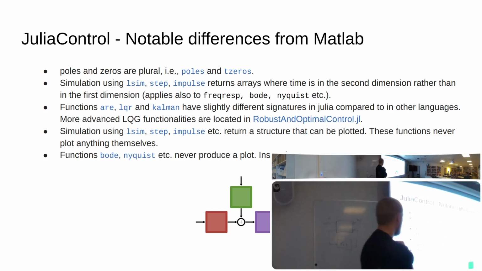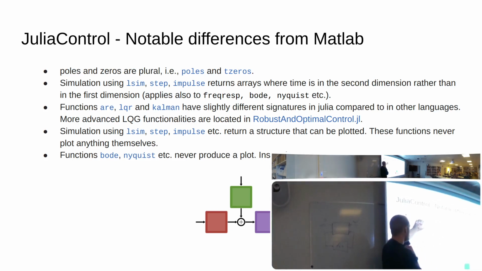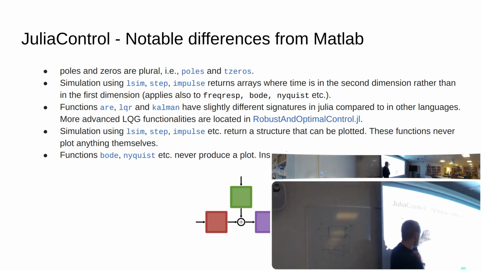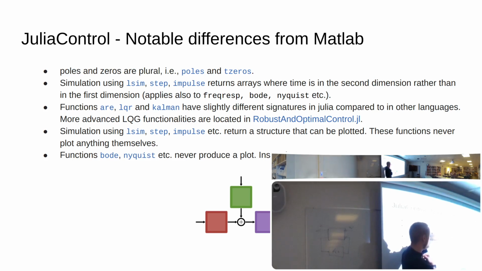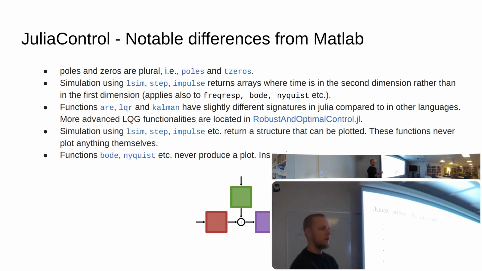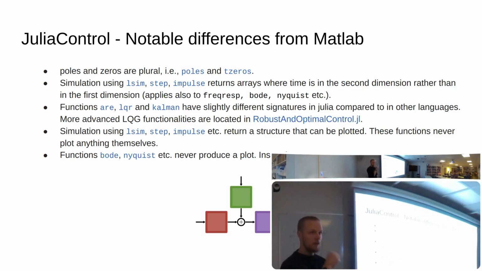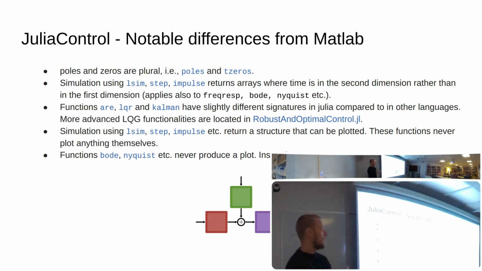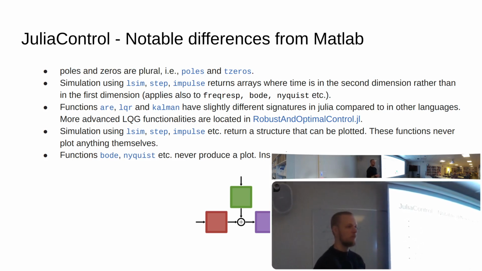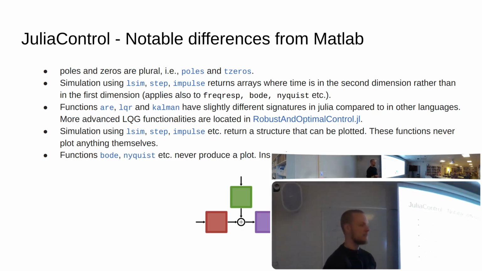So a very trivial one is that we use plural for poles and zeros. When you simulate using any of these lsim, step, impulse methods, you get arrays that are permuted in memory compared to what you would get from Matlab. I think from Matlab you get time in the first dimension. Here you get time in the last dimension, and the reason is performance and also to be internally consistent.